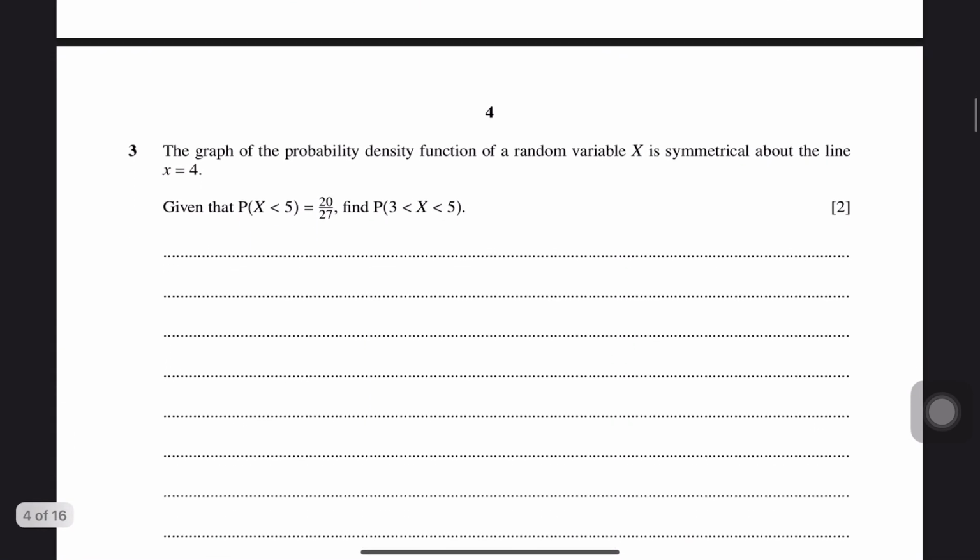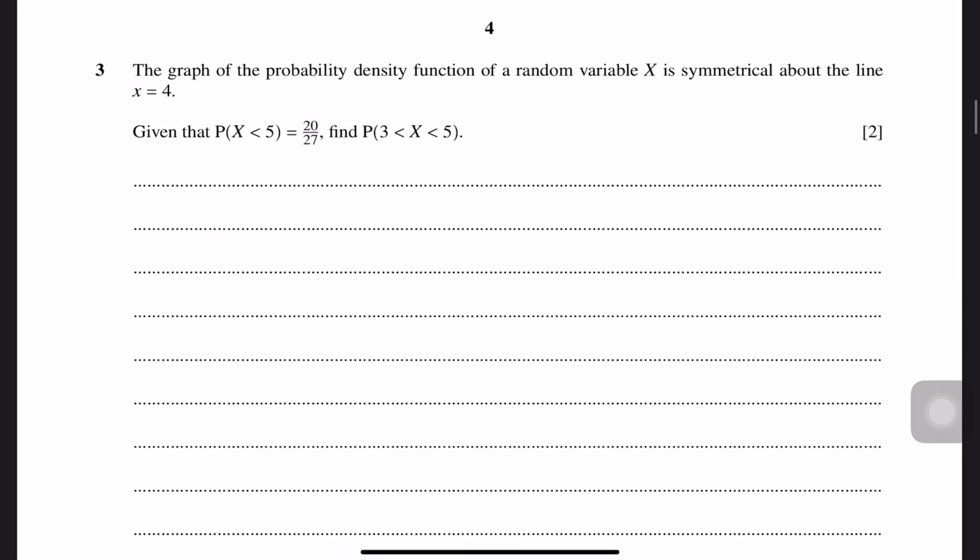Okay, going on to question number 3. It says the probability density function of a random variable X is symmetrical about the line x equals 4. Let me just draw a small sketch. What the question is telling you is that about x equals 4, there's a symmetry. I don't know what it's going to look like, but let's assume it looks something like this.